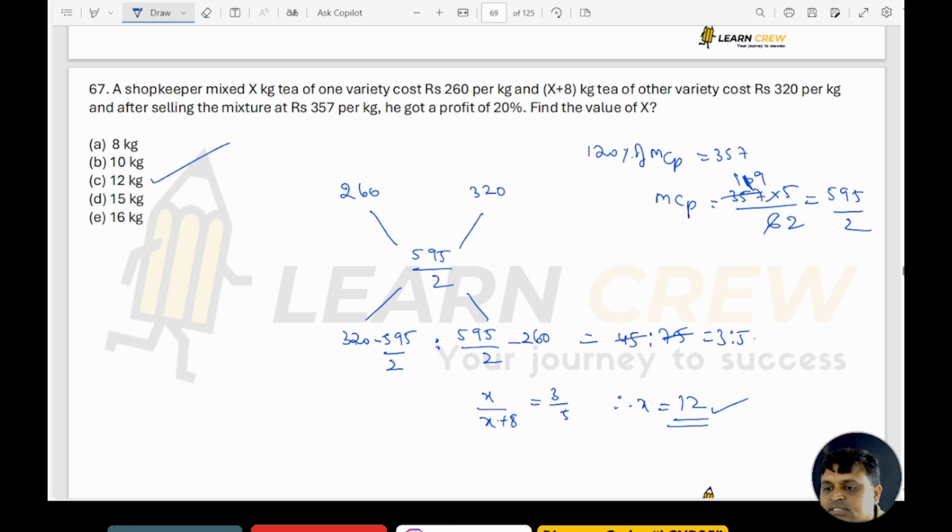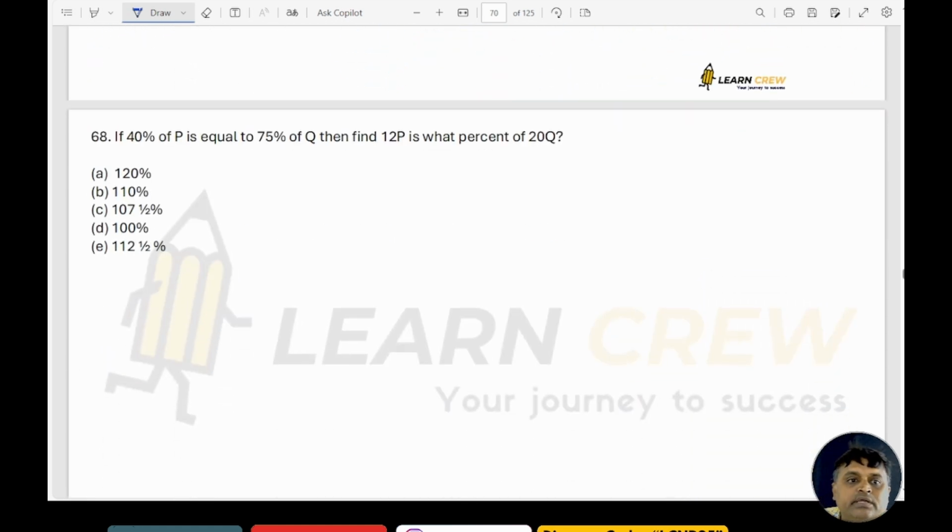If 40% of P is equal to 75% of Q, then P by Q would be 15 by 8.